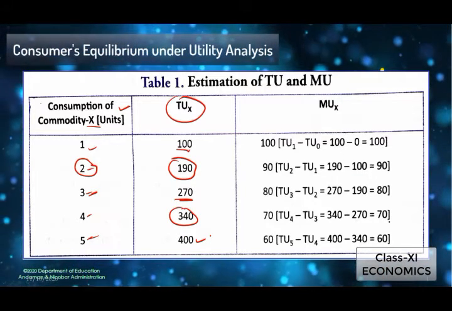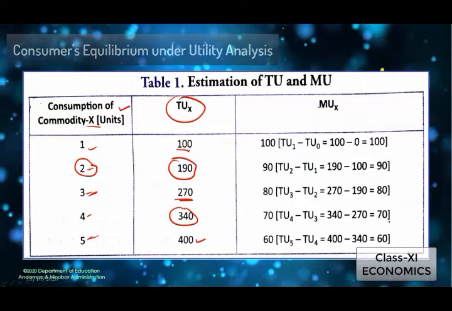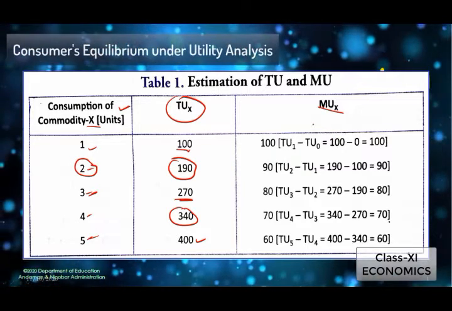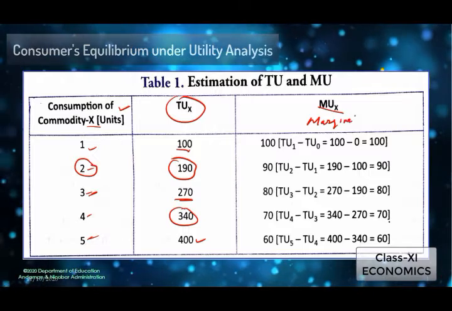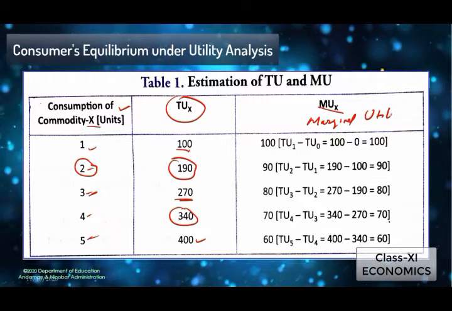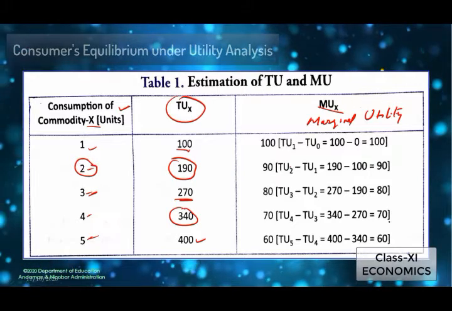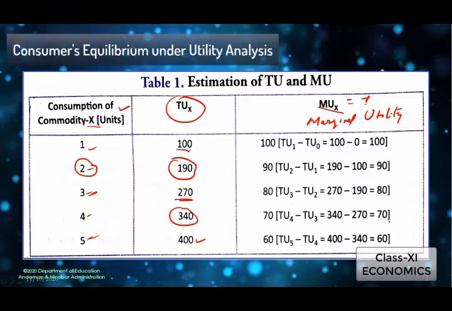So students, by these values of total utility, we can very easily calculate the value of MU, that is marginal utility. Marginal utility is what? It is the additional utility on account of the consumption of an additional unit of that commodity. So here, look at the formula for finding the MU. MU can be found by TU of n minus TU of n minus 1.